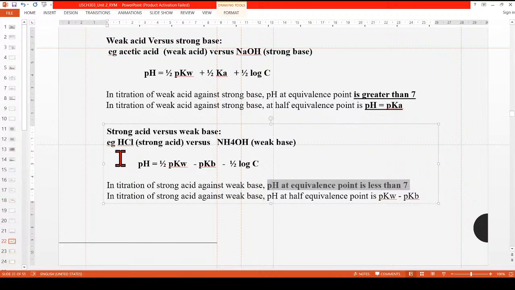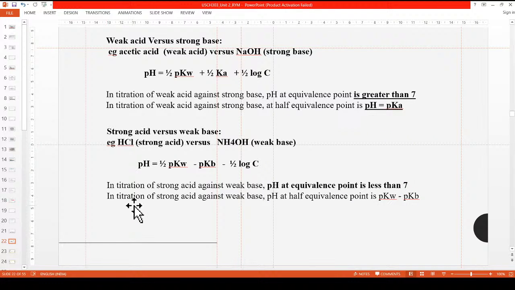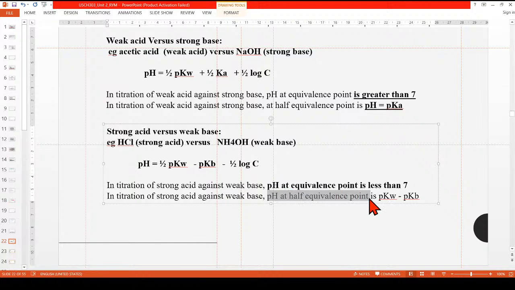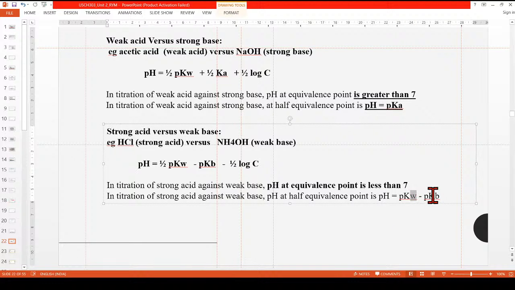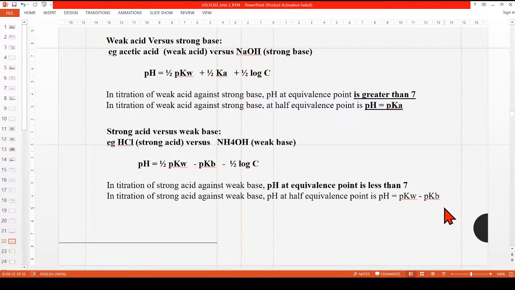The acid is strong in the example, so at equivalence point your pH is less than 7, and in this titration pH at half equivalence point is pH is equal to pKw minus pKb, the pK value of the dissociation constant of water minus the pKb value of the base.